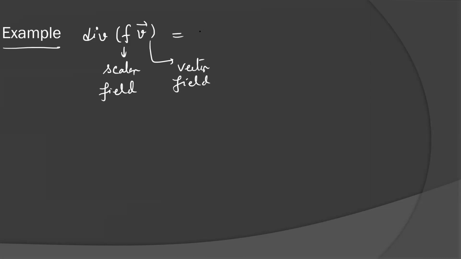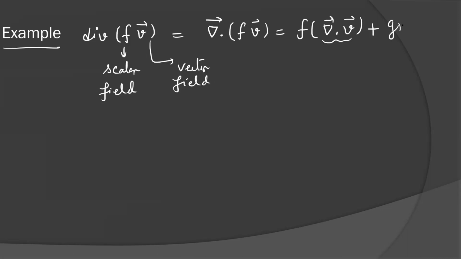What will be the divergence of F times V? Divergence means del dot F V. It is equal to F times del dot V, which is the divergence of V multiplied by F, giving a scalar value, plus grad F, the gradient of F, dot V vector.